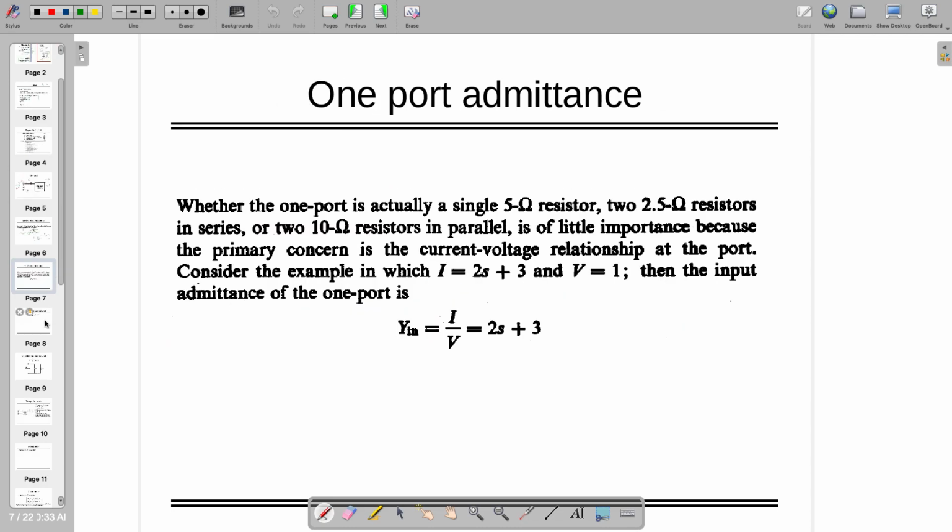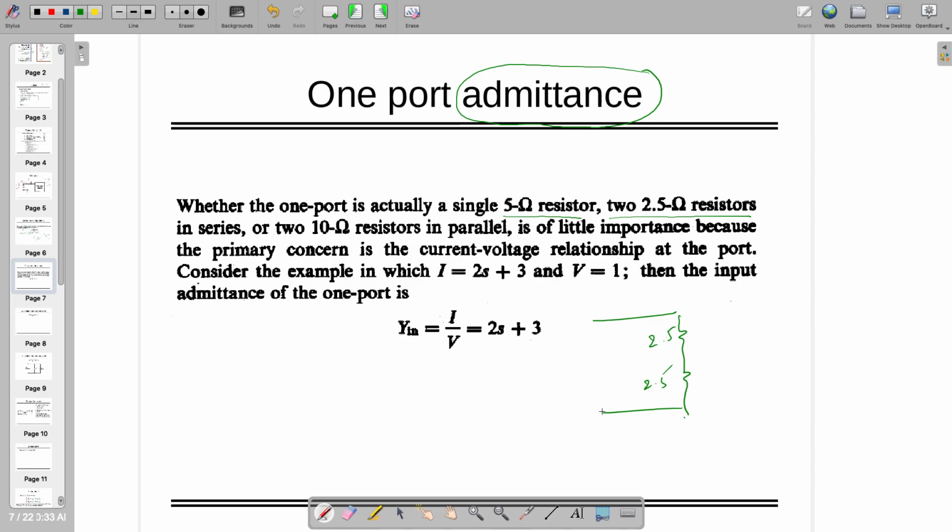There is one more example where we can see one port admittance, where whether the one port is actually a single 5 ohm resistor, two 2.5 ohm resistors in series, or two 10 ohm resistors in parallel, all are equivalent when we are actually deriving the impedance, right? So if it is 2.5 and 2.5, if I am looking at the equivalent impedance, it will be 5 ohm.